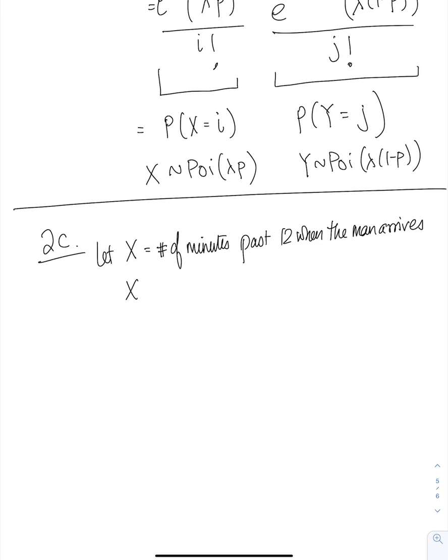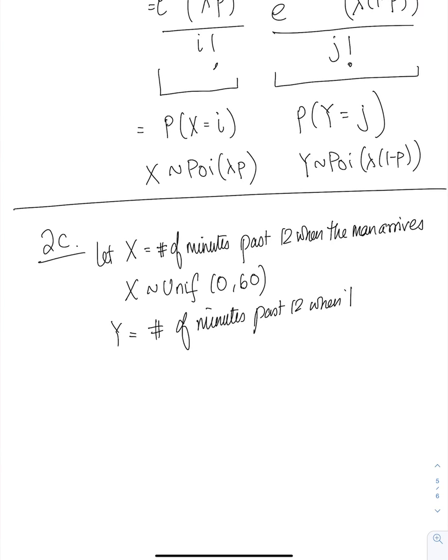So what do you know? X is uniform 0, 60, correct? And similarly, Y is the number of minutes past 12 when the woman arrives, and Y is uniform 0, 60.